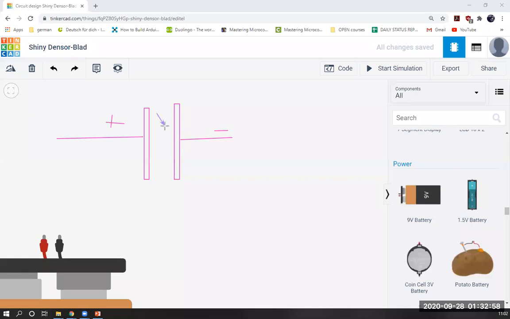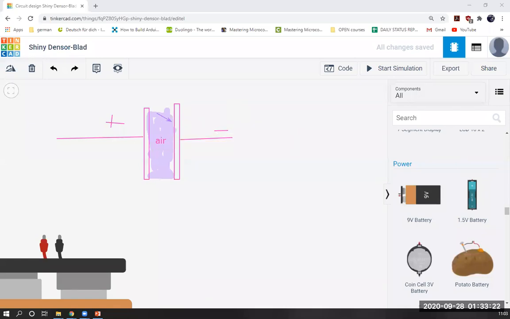This portion is actually filled with air. Normally it is air or it will be some kind of material like glass. So for ease I'm writing it as air.